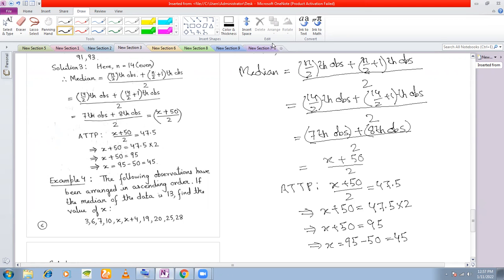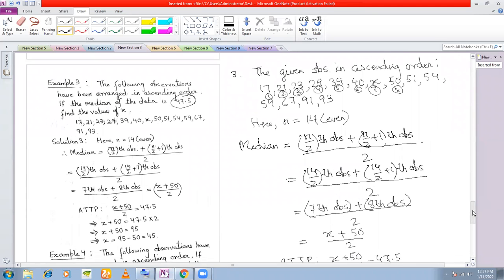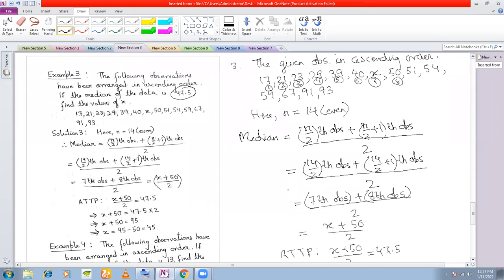Okay. Now my question to you is that if they ask you after calculation of median, let's say in the question they ask you, hence find the mean, will you be able to calculate the mean? Yes, sir. How? You just put the value of X here.